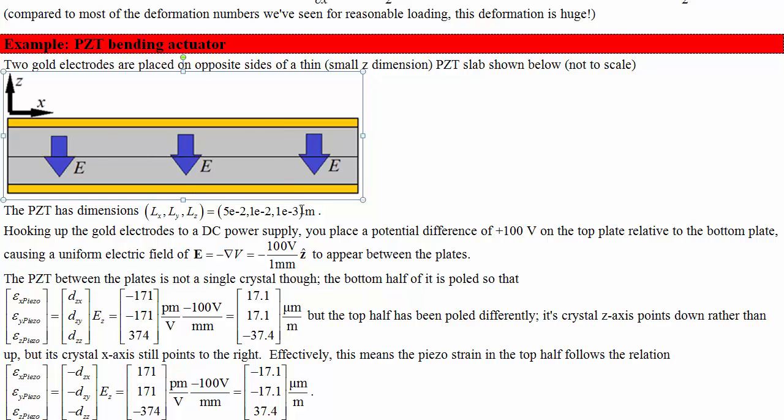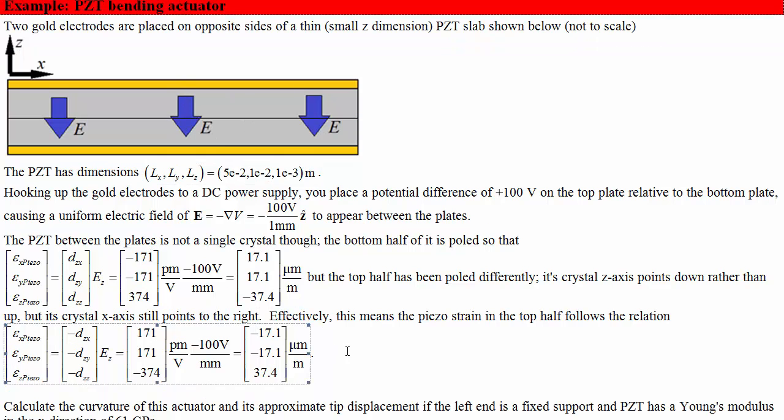These are the same dimensions, where we had a 5 centimeter by 1 centimeter by 1 millimeter PZT slab, except this time we're going to imagine that the bottom half of the PZT is poled differently, so that the crystal Z direction for the top half is up, the crystal Z direction for the bottom half is up like it was before, but the top half crystal Z direction is down, meaning that we see effectively different electric fields and different strains resulting in each of the different sections.